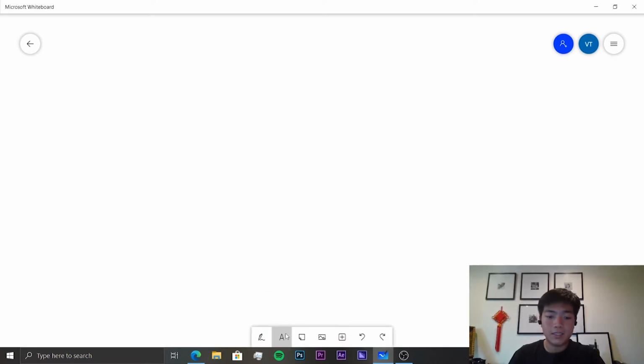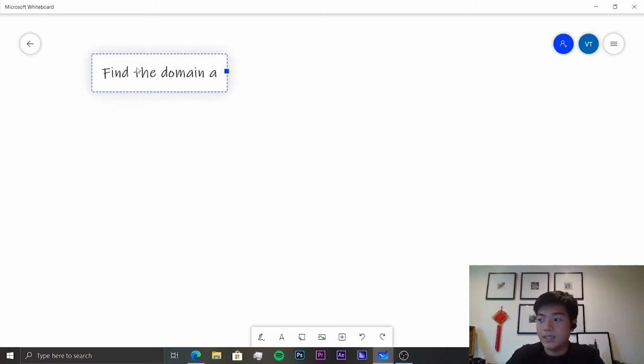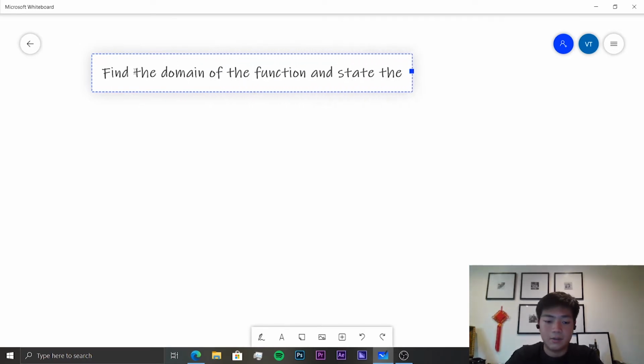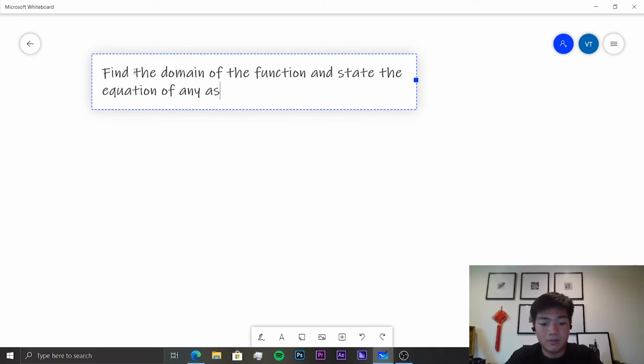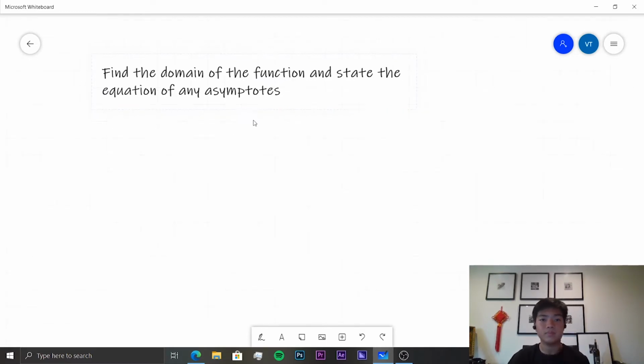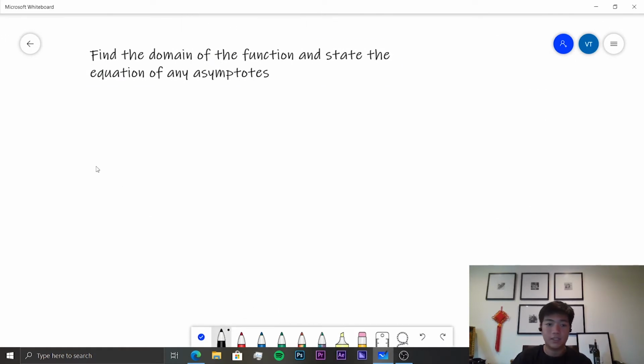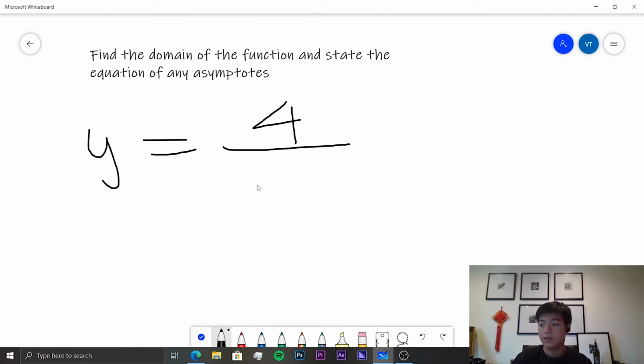The questions here are simply to find the domain of the functions and state the equation of any asymptotes. The first function is y is equal to 4 over x squared minus 3x.